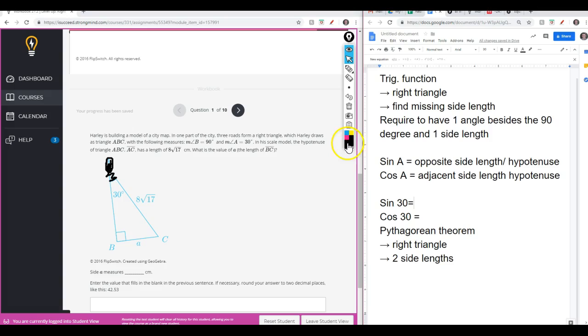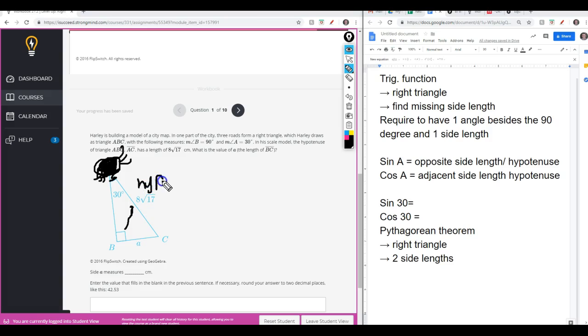We're going to see which one we want to use. We're going to label this triangle based on our 30-degree angle as our perspective. I sometimes like to draw a little eyeball right there, so I know it's my perspective. The first side length that I always like to label is the hypotenuse, because it's always directly across from the 90-degree angle.